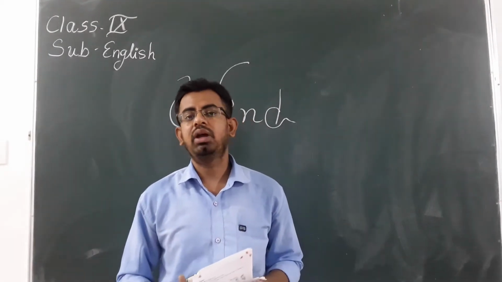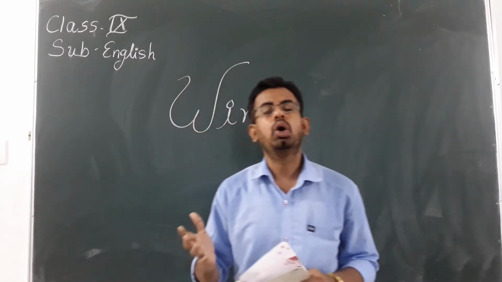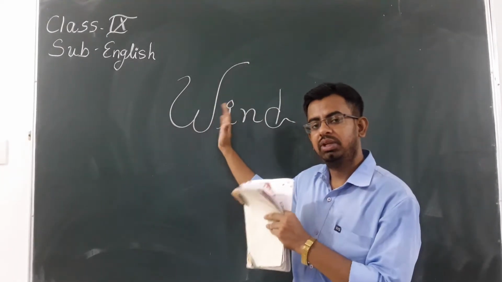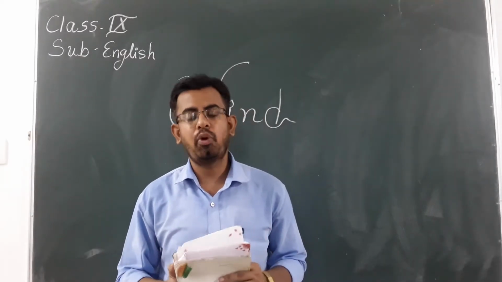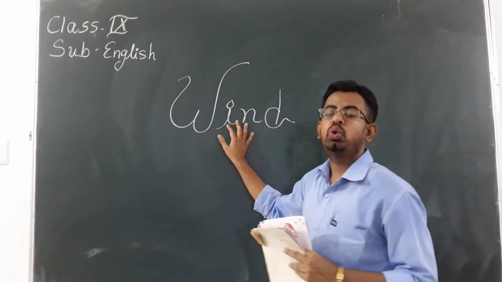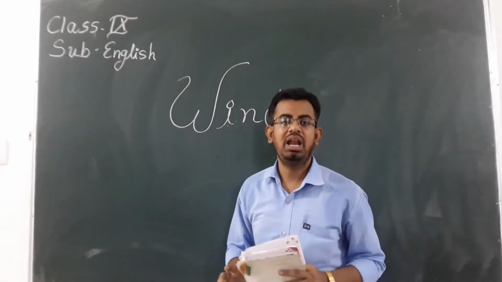In this poem, the poet has used symbolism. Symbolism means the poet makes a comparison of something to some other thing. In this poem, the poet is comparing wind to adversities, problems in our life.